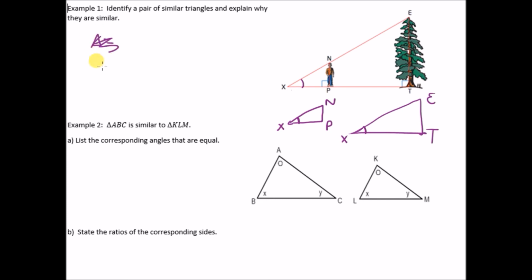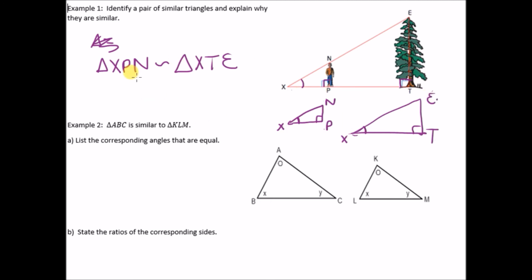Let's go triangle X, and then P and T both have 90-degree angles. So let's go X, P, N. By default, N is going to be the same. It is going to be similar to triangle XTE. And you have to go in that order: XPN, XTE.